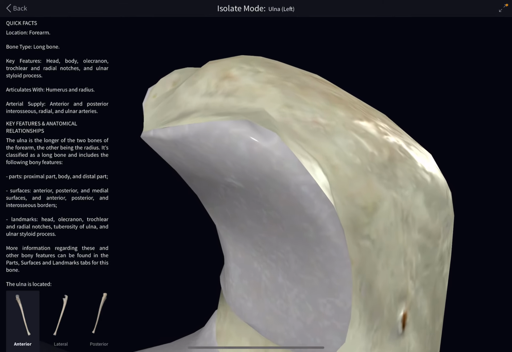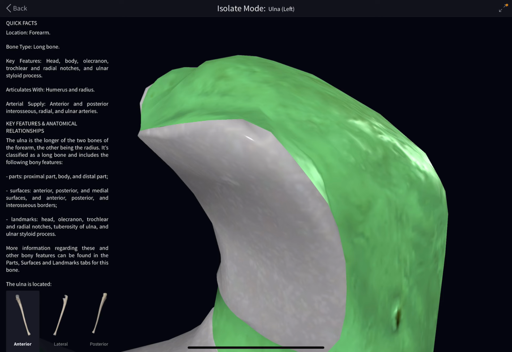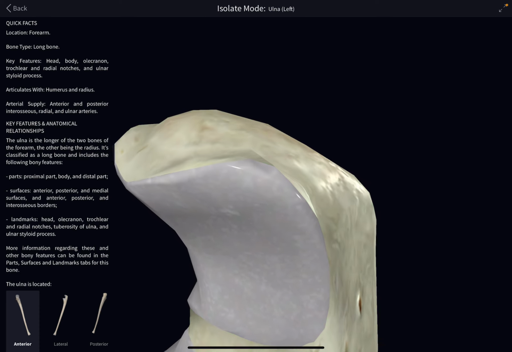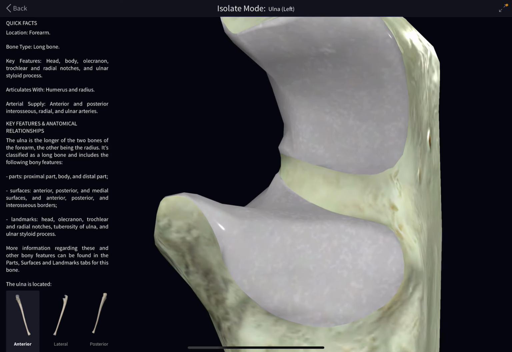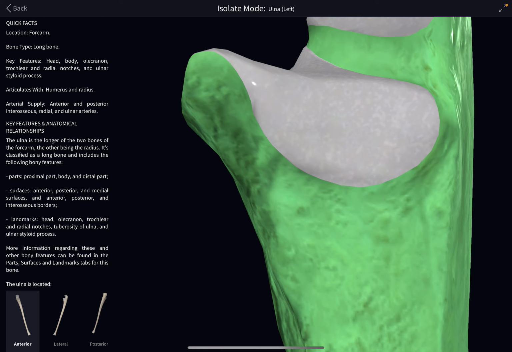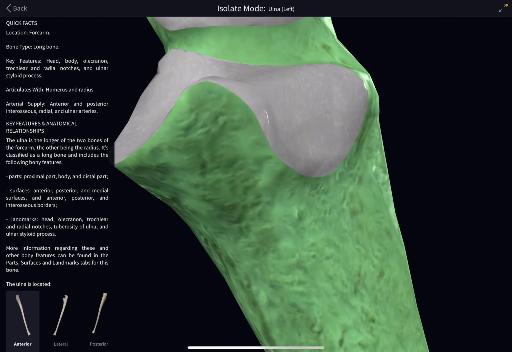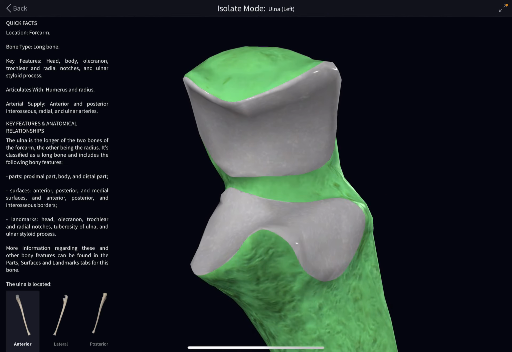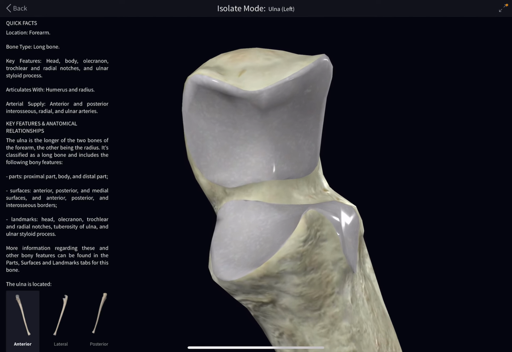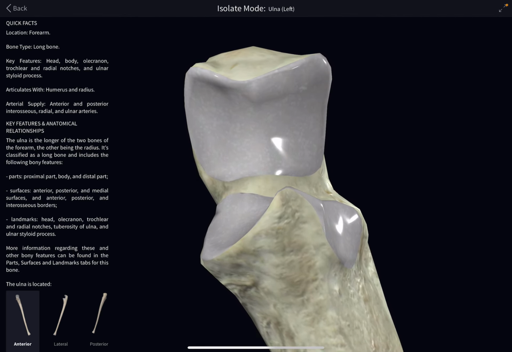This upper part, this hook-like or hood-like part, is the olecranon process, and the one that lies below is the coronoid process. These two together form the trochlear notch, which is going to articulate with the trochlea of the humerus.